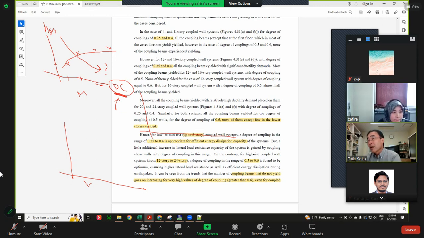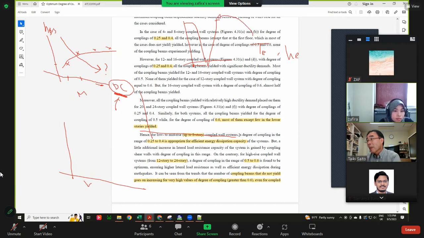The final target is, if you have a building, you have a target deformation. What you need, with the capacity spectrum method or displacement-based design, is the equivalent period and equivalent damping to satisfy the target displacement.